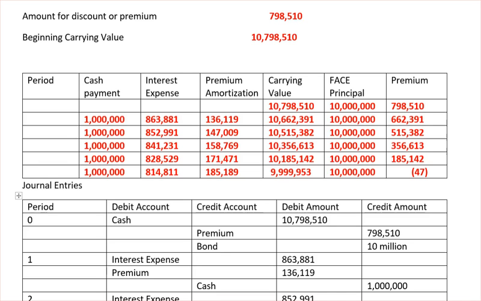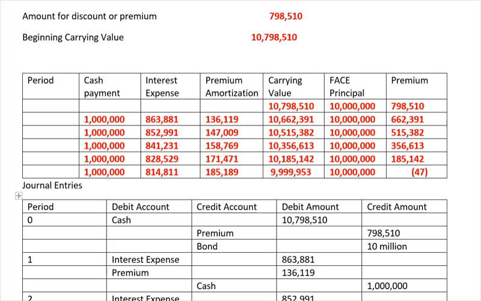So if you could take this journal entry apart, as I did previously, you would see that it is interest expense debited for $1 million, cash credited $1 million, and then premium debited for $136,119, and interest expense credited for $136,119.